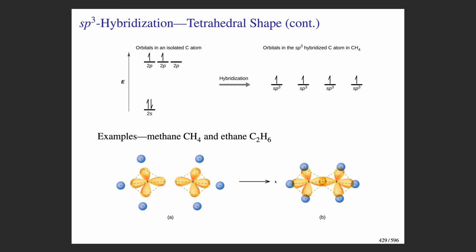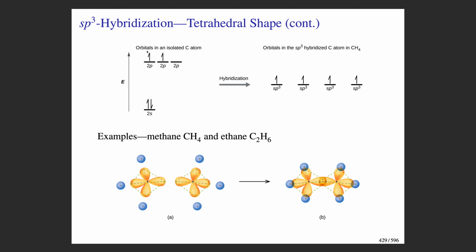Here we're going to be looking at methane and ethane. Here is the atomic orbital diagram for an isolated carbon atom. It has 4 valence electrons. 2 of them occupy the 2s and the other 2 are in the 2p. We see that they're maximally unpaired. What we do to make the sp³ hybrids is we combine all 4 atomic orbitals in different ways to make 4 equivalent sp³ hybrids.